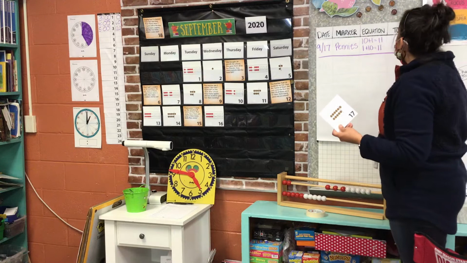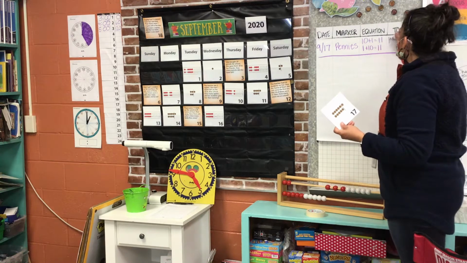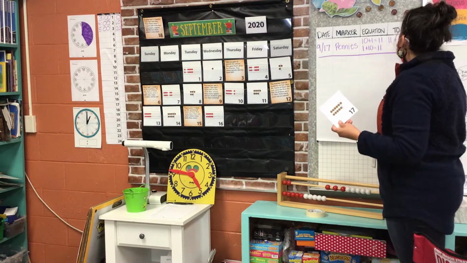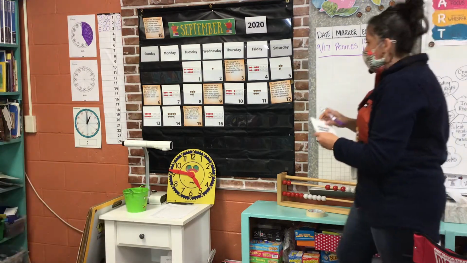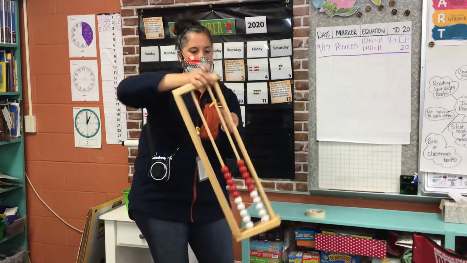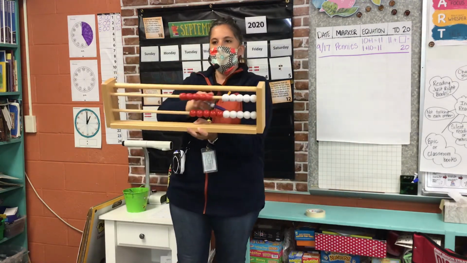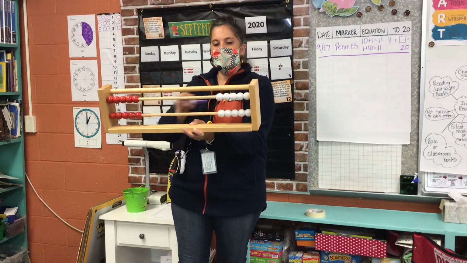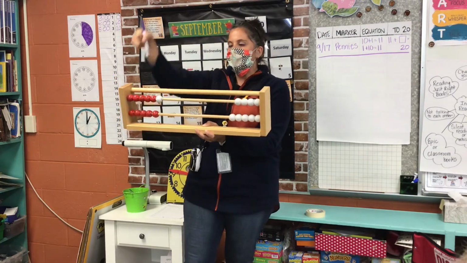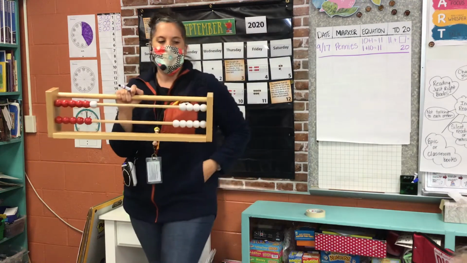Okay, now we need an equation where we're starting with 11. We need to add something to 11 in order for it to equal 20. Okay, so we can use our number rack for that. We've got 5, 10, and 11 on one side. What would we need to add to 11 to get to 20?